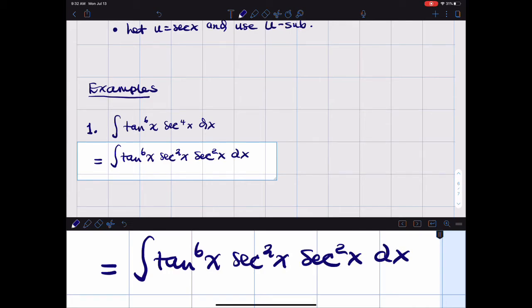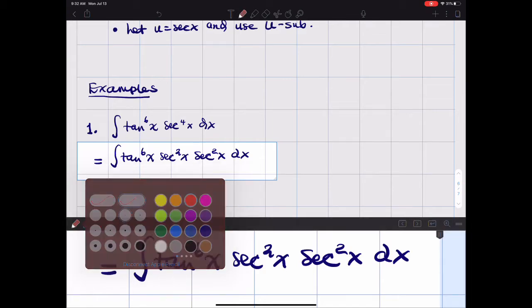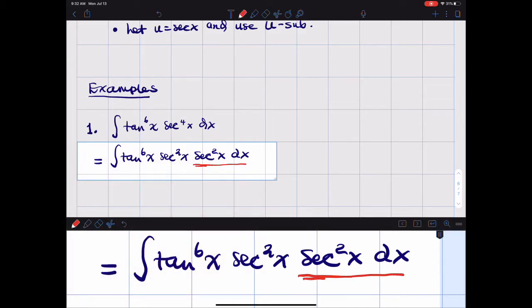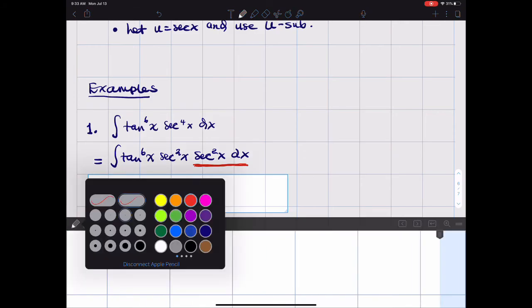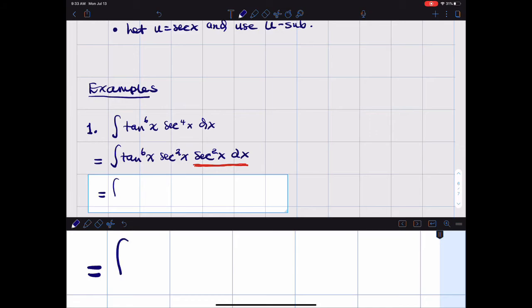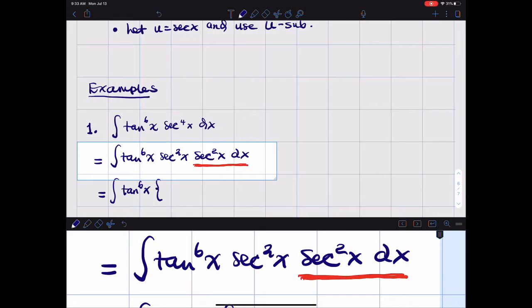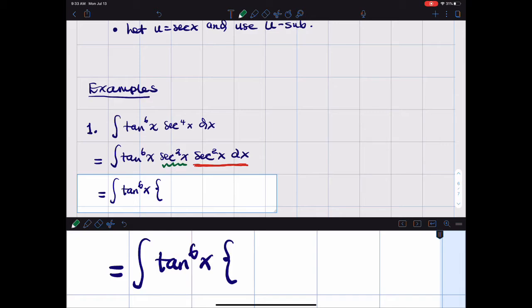And if you remember from when we dealt with cosine and sine, we needed to save whatever we factor out, because it's going to help us with u substitution. Now, what we should do is rewrite everything remaining in terms of tangent. That means the other secant squared x, the green one, we need to rewrite in terms of tangent of x.